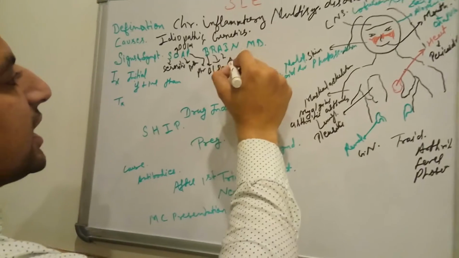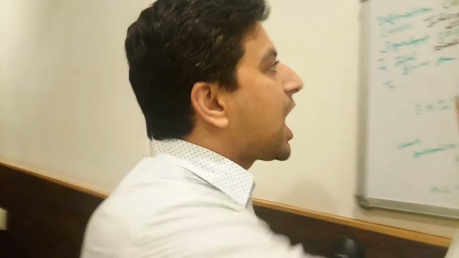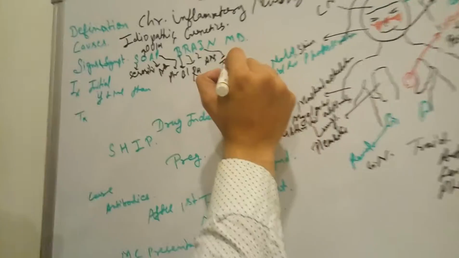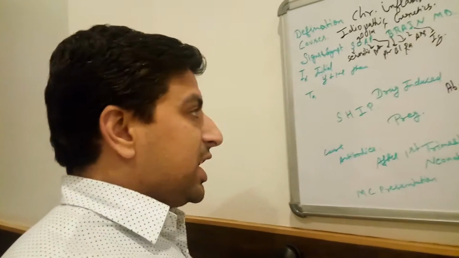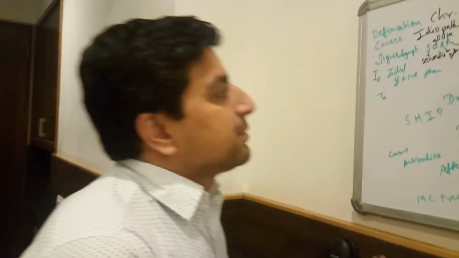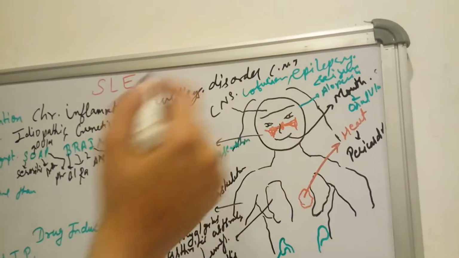A represents antinuclear antibodies. I for immunoglobulin, my dear friends. Immunoglobulin markers like dsDNA, like anti-Smith antibodies. And N for neurological symptoms, which I already wrote here: confusion, epilepsy, seizures.